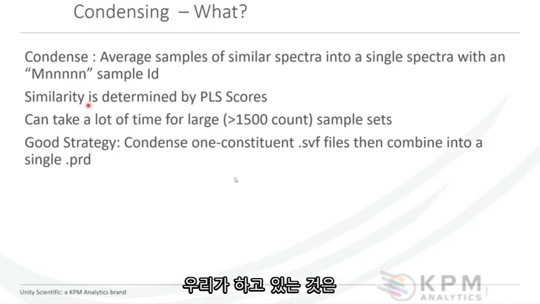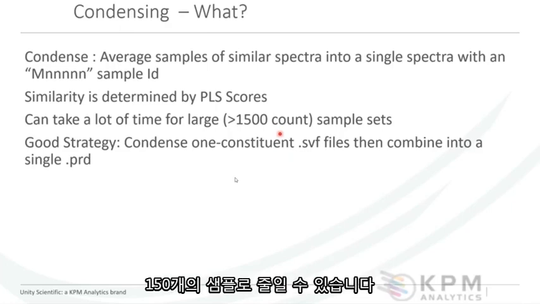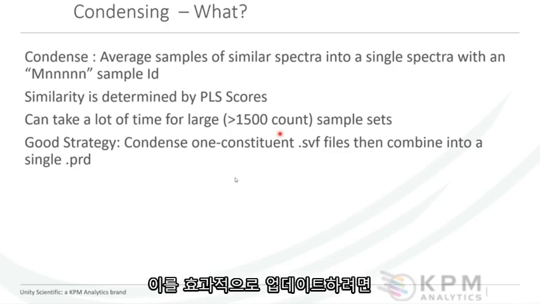So what we're doing is we're kind of doing what we did in advanced sample selection to find the nearest neighbors and get rid of redundant samples, but we're doing it on our calibration set, and we're making a new calibration set that has many fewer samples. If we have a sample set that has, for example, 1,500 samples, we could reduce it down to 150 samples. And in that case, we would only need 15 or 20 samples to effectively update it, okay? Or we might reduce it down to 300 samples, for example.